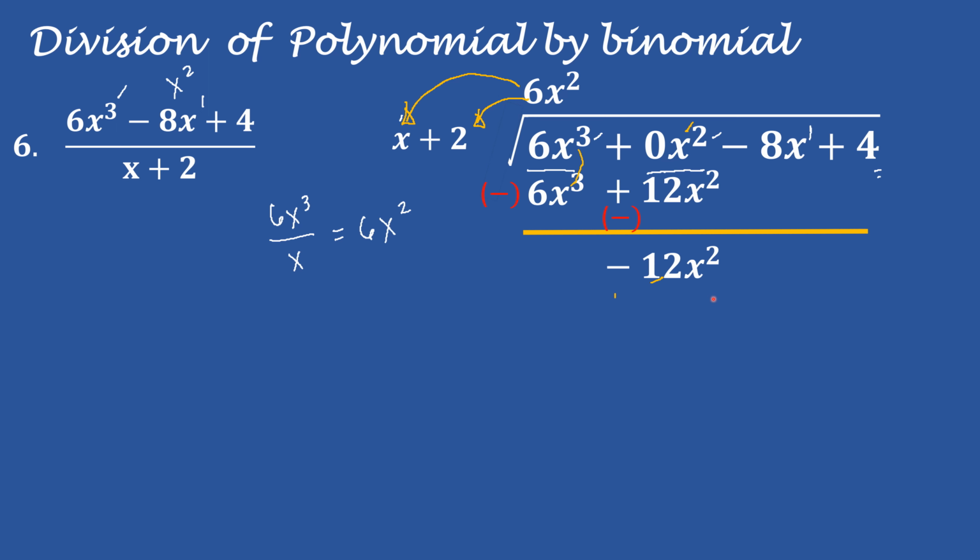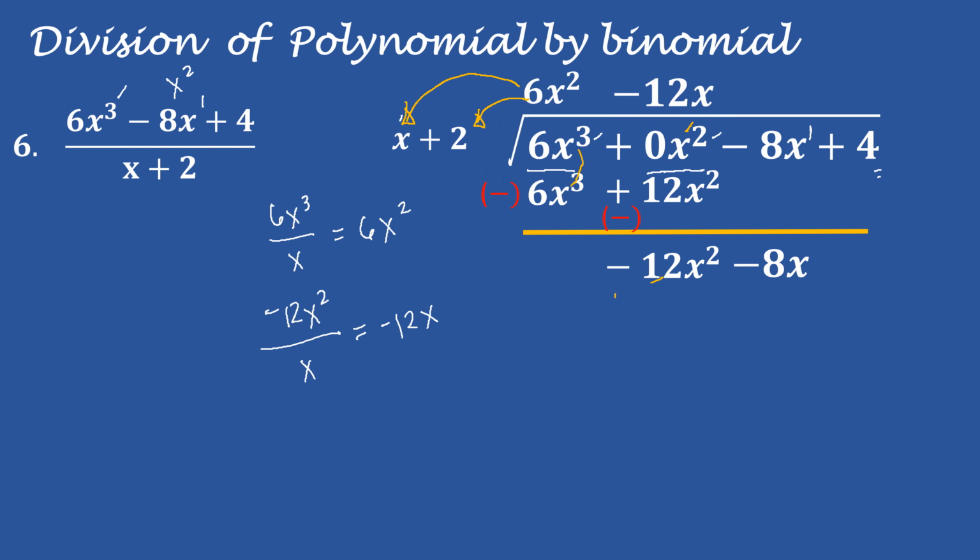So the next one is we need to bring down the next term. So we need to bring down the negative 8x. So the same process, we need to divide the negative 12x squared by the first term of our divisor, x. So it will give us negative 12x.